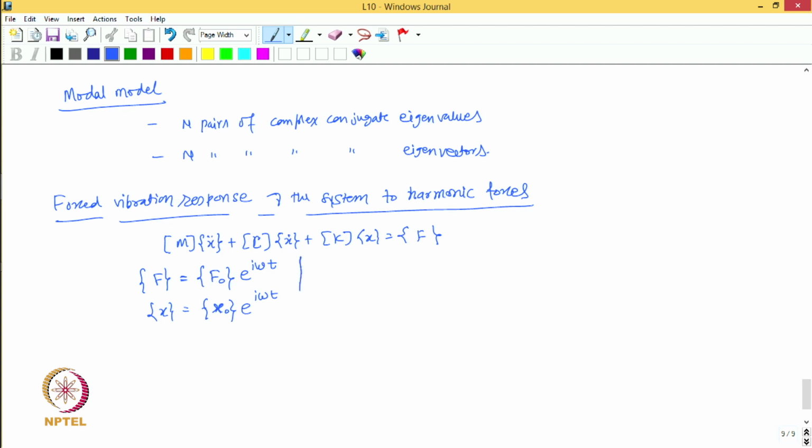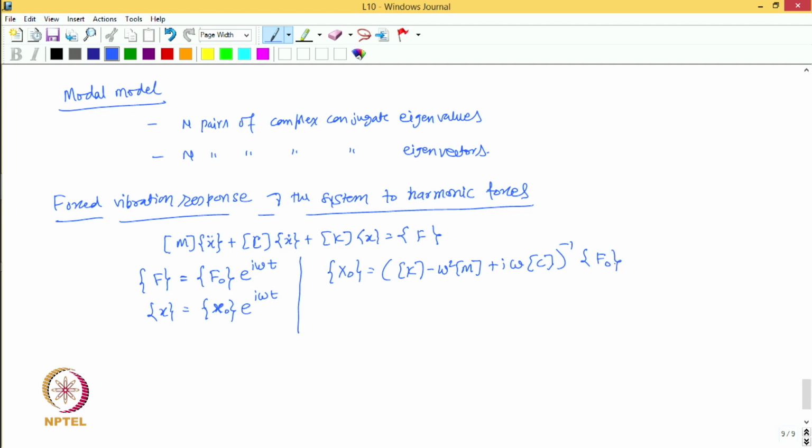So, if we substitute these two equations in this, then we can straight away write down x naught, sorry, let me rewrite, you can write down x naught is equal to k minus omega square m plus i omega c inverse times f naught.